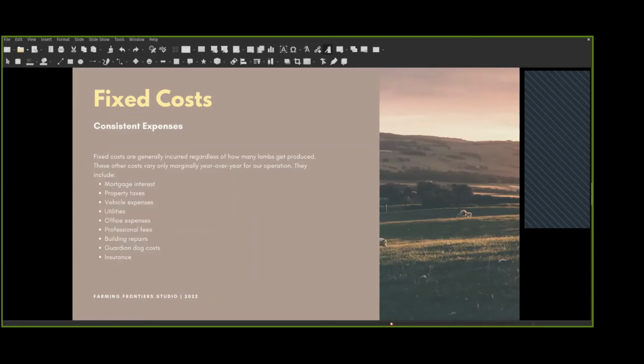And the building repairs, which is a fairly consistent number. We do have 2 guardian dogs because we are surrounded by forest and there is pressure. Their main job is to keep things from going in the barn, and then insurance. So these costs really haven't varied much over the years, and the more lambs we produce, the lower they get.